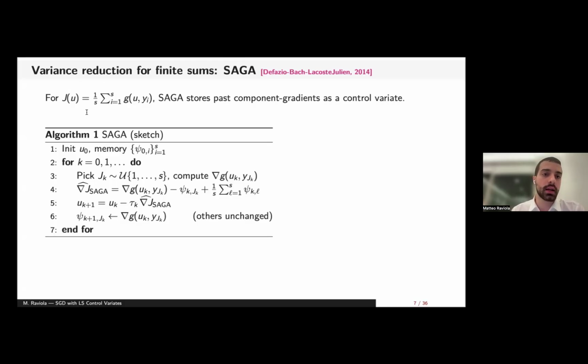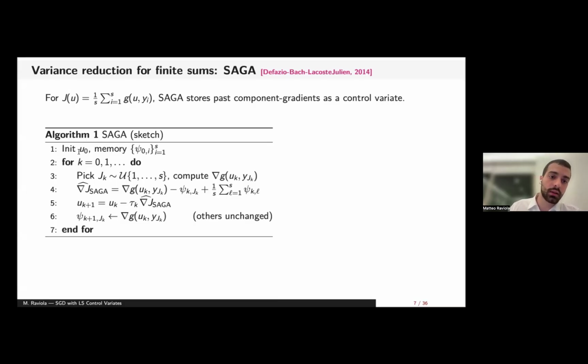So actually, SAGA is native for what I call finite sums, so functionals J of u, which are given as a finite sum. So there's only a finite number of parameter values. We can think of it as having rho as a discrete measure over a finite set of points. And so, as I said, the idea of SAGA is to store past component gradients as a control variate, and the algorithm goes like this.